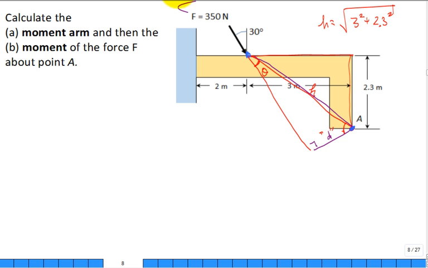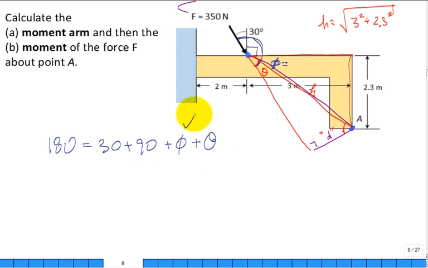Well, a lot of times I'll work and I'll say, well, this is all 180 degrees. True? There's 90 of it right there. Could I get this angle phi right there? Because then I would have 180 is equal to 30 plus 90 plus phi plus theta. If I'm looking for theta, if I could get phi, then I got theta, right? And so what is phi? Yeah, arctan.